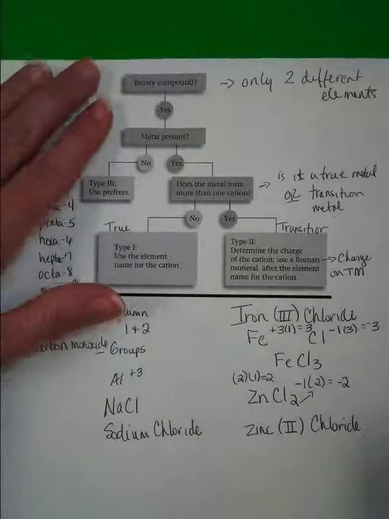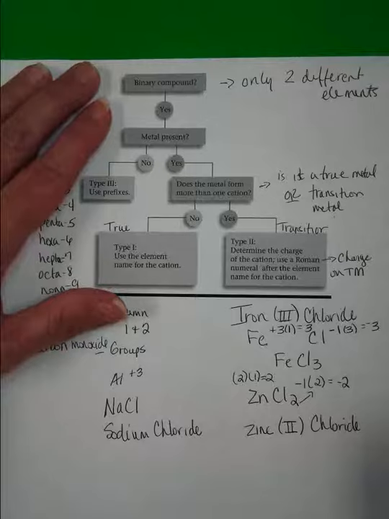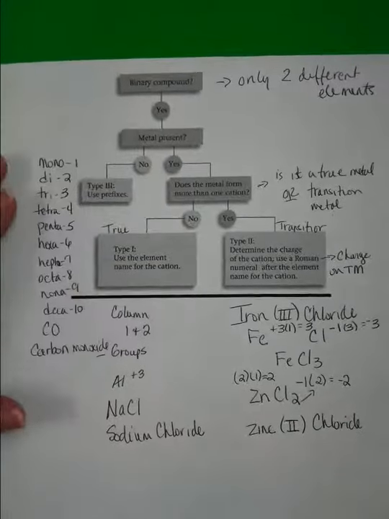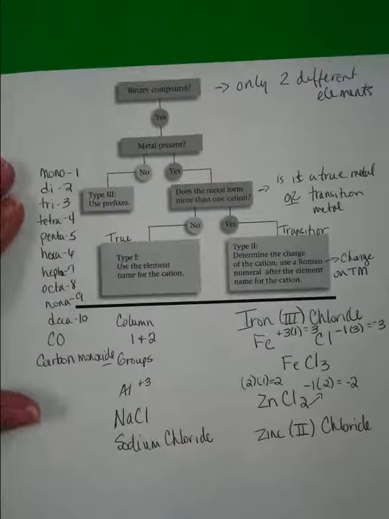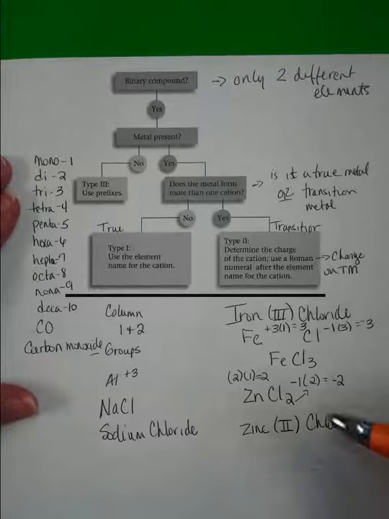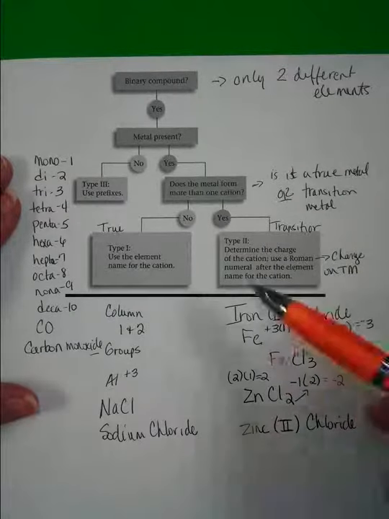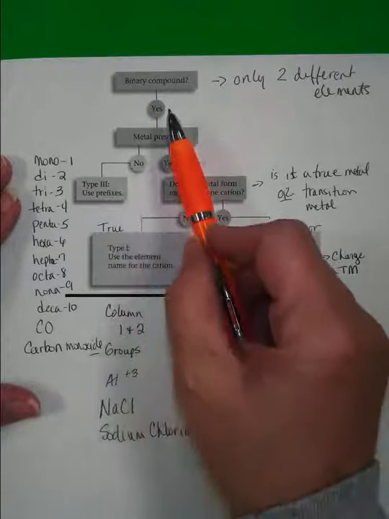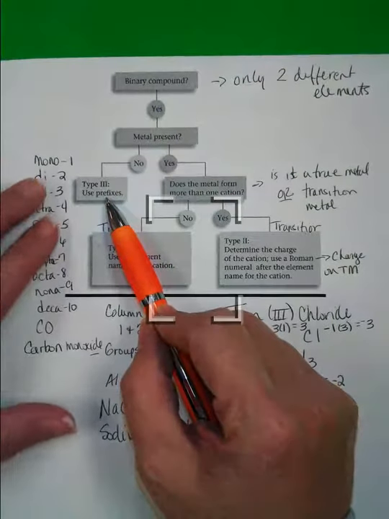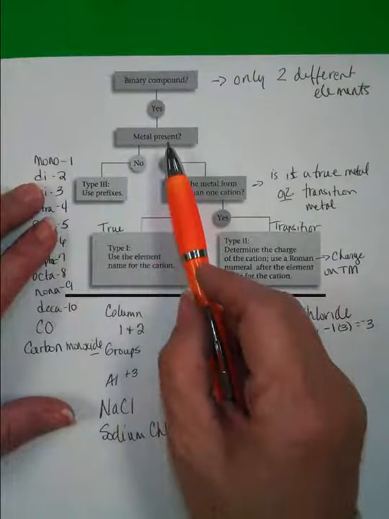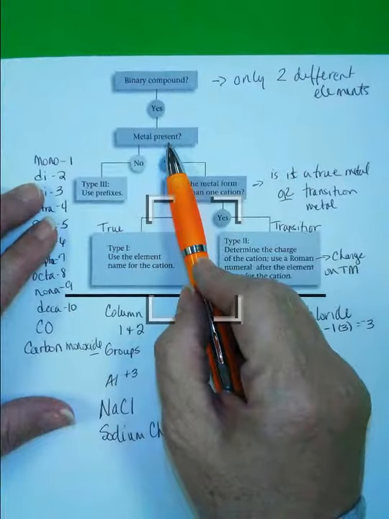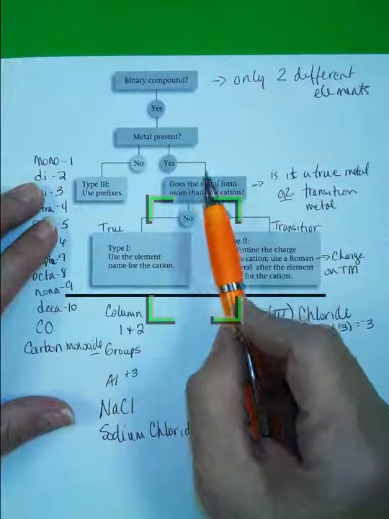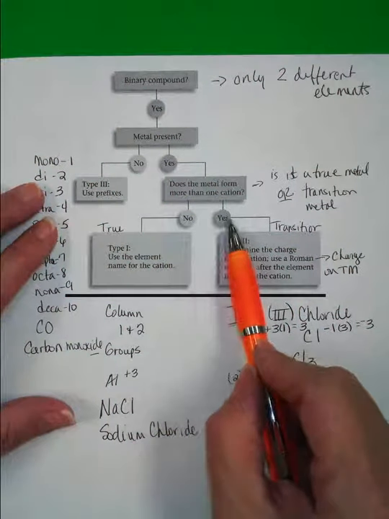Now, naming binary compounds and naming compounds with polyatomic ions doesn't really change much. We covered that a little bit later, after we covered just the binaries. So remember, your polyatomic ions are going to follow the same thing. Type 3s are not going to come up as polyatomics because type 3s are only with 2 nonmetals. When we ask if there's a metal present and the answer is yes, then we need to determine what type of metal that is.